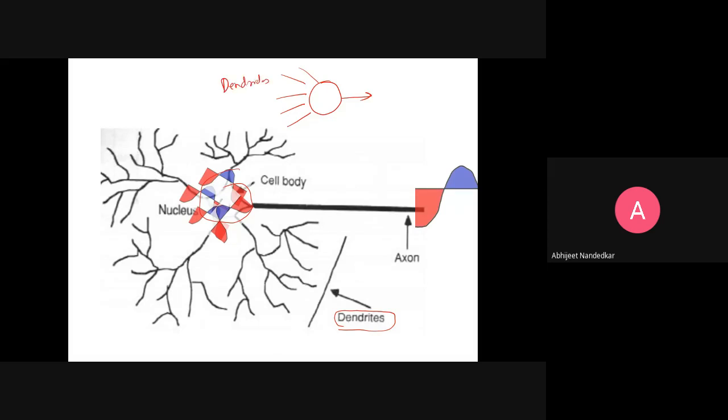Here you will get inputs from the previous set of neurons, and then output is produced on the axon. How is it produced? All these neurons work on electrochemical signals. They receive impulses like this, and they are aggregated over a period of time here.